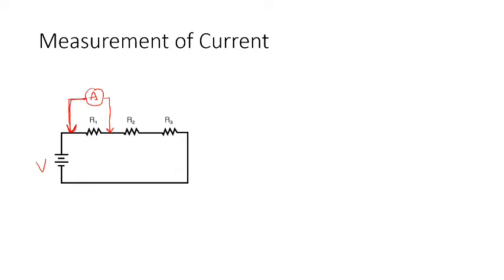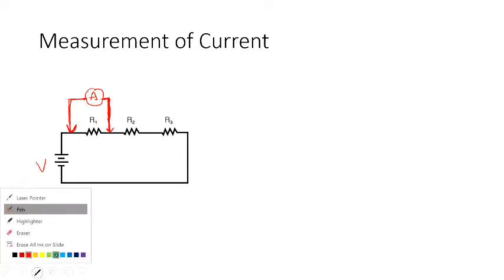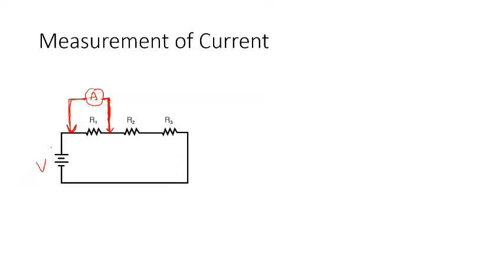For example, if you connect an ammeter in parallel with the element, what happens is the ammeter has a very negligible resistance. So you know a very interesting property of current: current will always try to follow the path with least resistance. So let us say current I is flowing through here, and we are interested in finding out the current through this resistance.